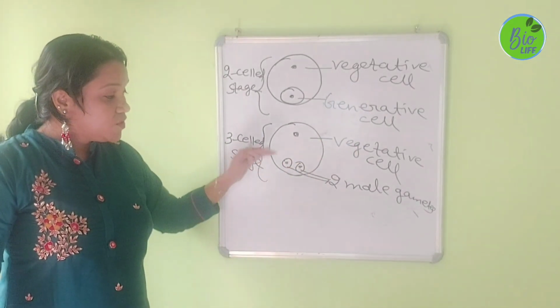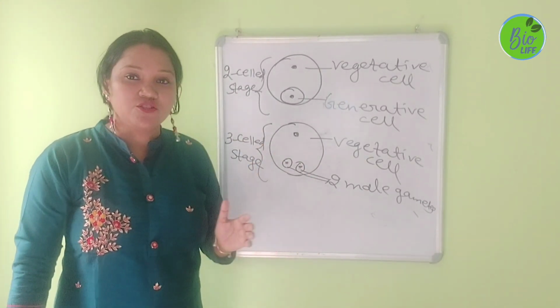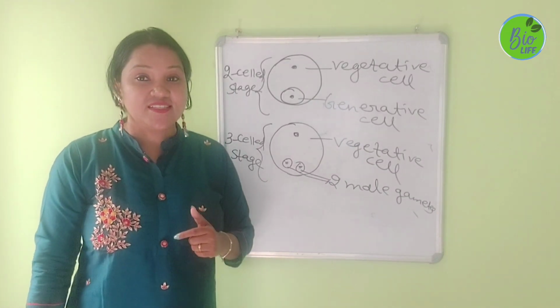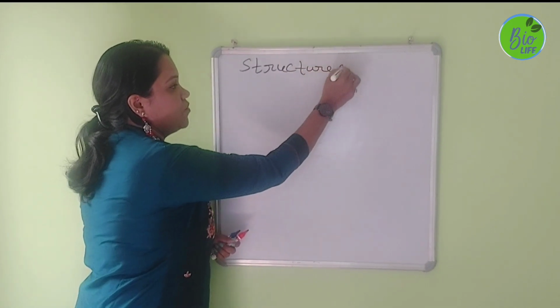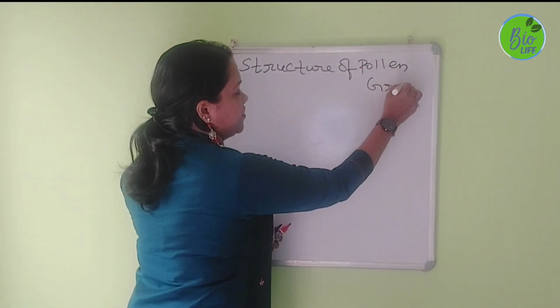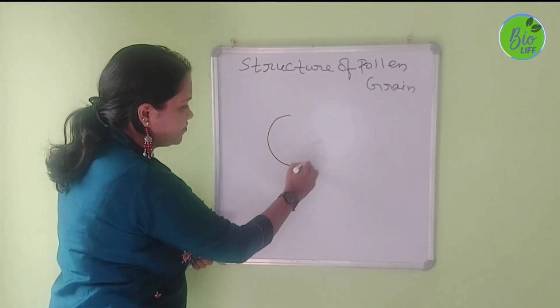Now, when the anther matures and dehydrates, the microspores dissociate from each other to form pollen grains. So let us understand the structure of the pollen grain. The pollen grain structure is just like this.